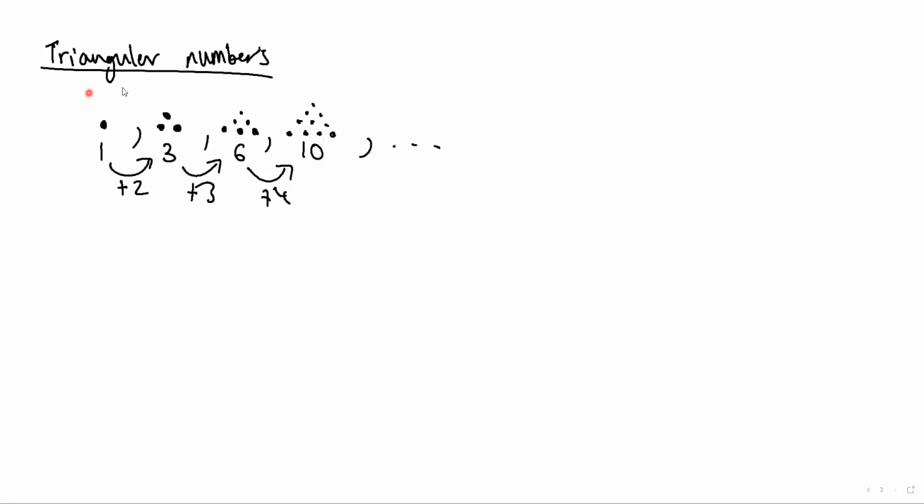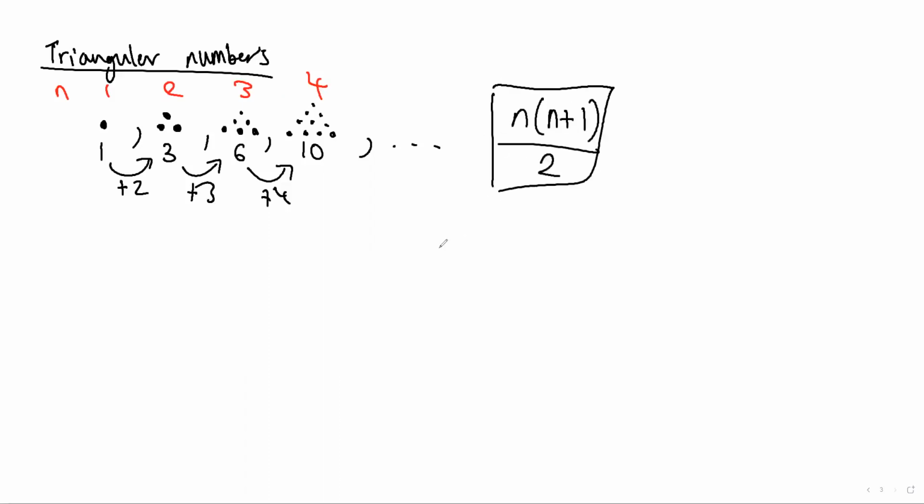That's how it works. And if we wanted to, we can also show which term of the sequence we're dealing with here. The nth term you don't need to know, but if you want to know, this is the nth term of triangular numbers.